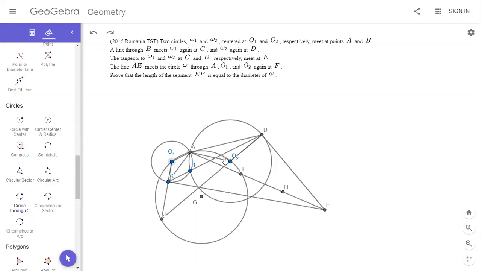And then I'm guessing another angle chase would show JADE is cyclic. Let's see. Yeah, okay. Because we need to show angle JAE is equal to angle JDE.